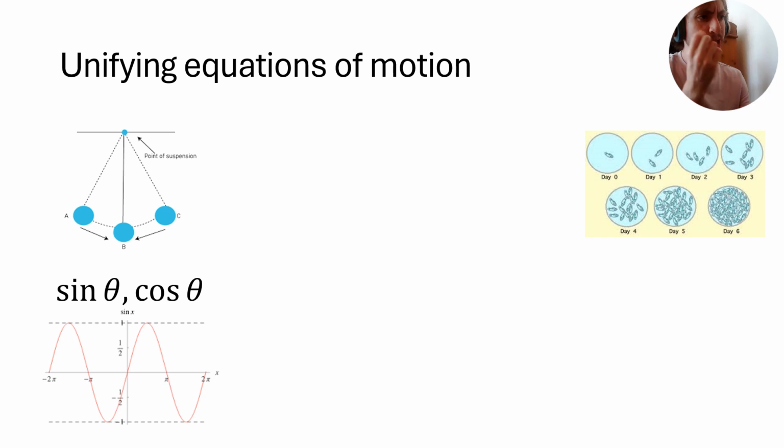However, if we look at the growth of bacteria in a Petri dish, one of the things that makes this seemingly very different from the sine function is that, for starters, we're talking about the growth of bacteria cells. So we have growth, i.e. not something that goes up and down.